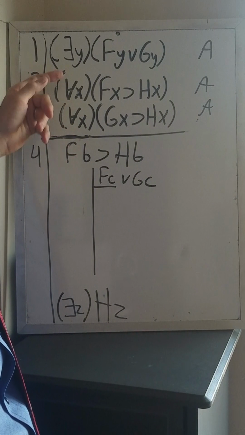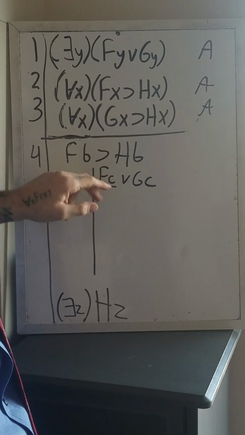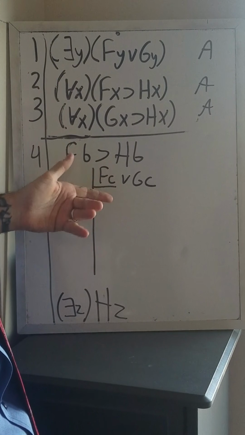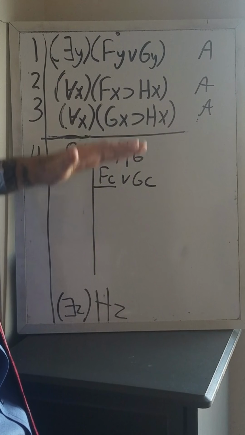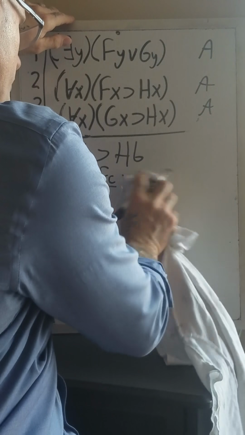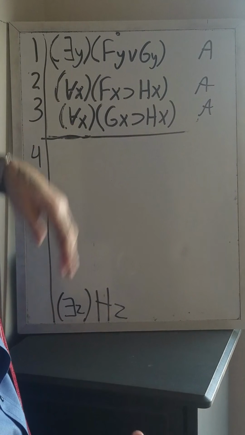We would wind up having to do universal elimination again here with a C, which is okay. We can do this as many times as we want, but we would wind up with a much longer proof than we want. So do your assumptions for existential elimination before you do the universal elimination steps.